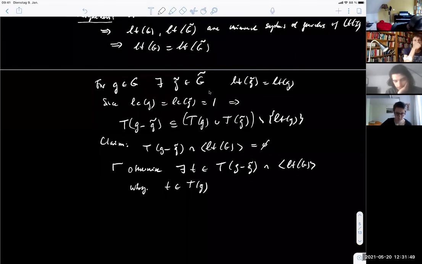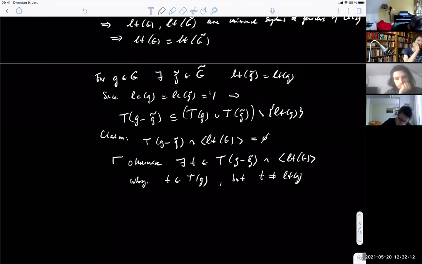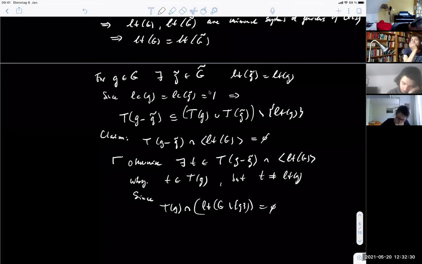Right, what do I want to say? T is different from the leading term of g, because the terms of the difference do not contain it anymore. So it must be different. Now I use the reducedness. The term set of g is disjoint from this monomial ideal.